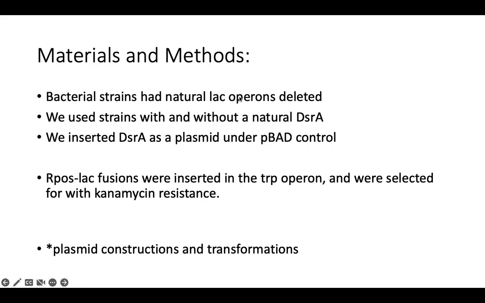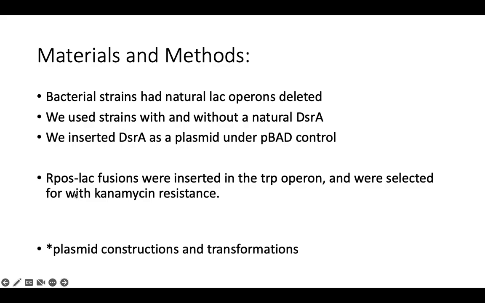Right, so let's briefly go over our materials and methods. Most of our bacterial strains, I think all of them actually, had their natural lac operons deleted. And our rpoS lac fusions, and they didn't specifically mention the other lac fusions in the paper, so I'll assume it was done the same way.